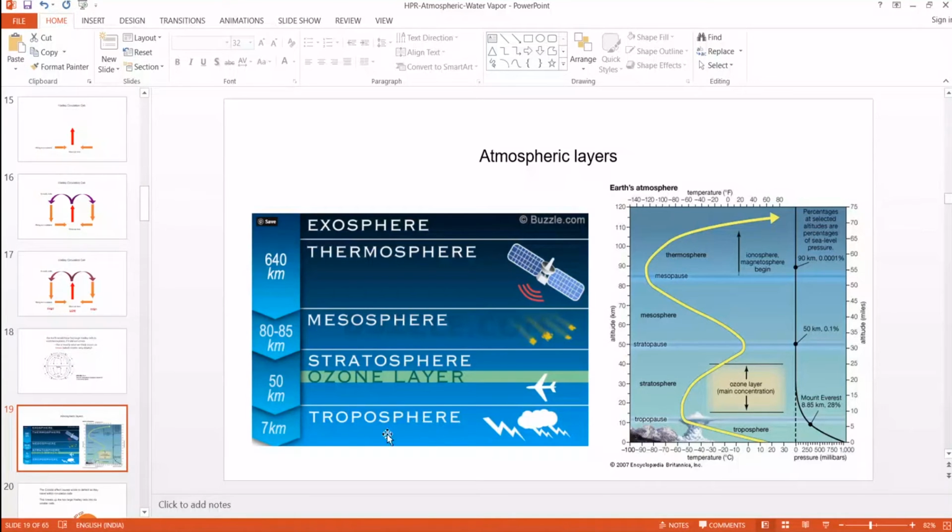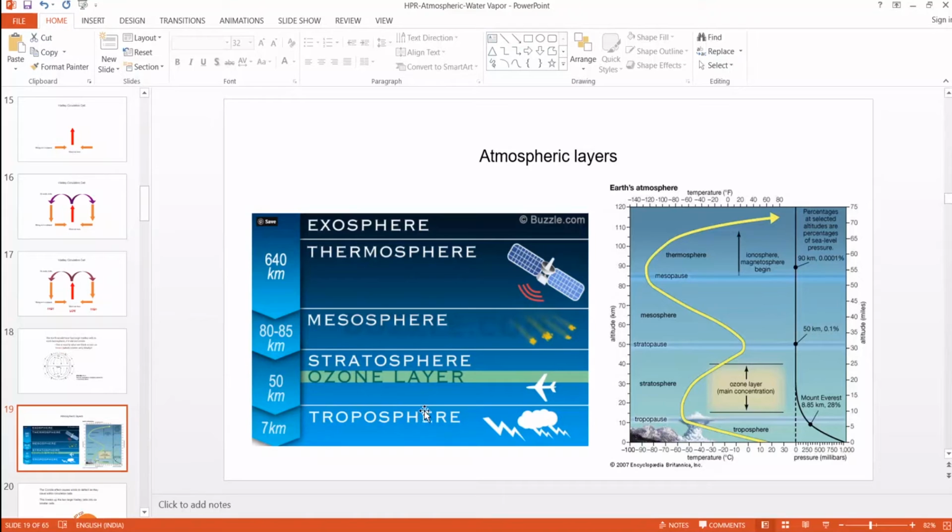So the troposphere contains the atmosphere and the cloud formation, evaporation, this hydrological cycle that takes place in this troposphere. Here the flow is very turbulent.